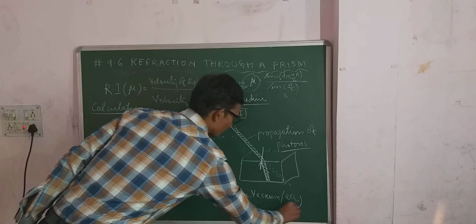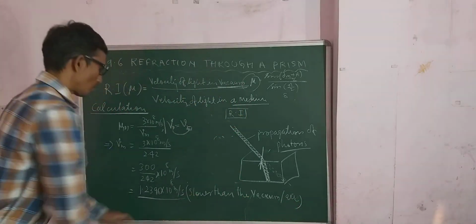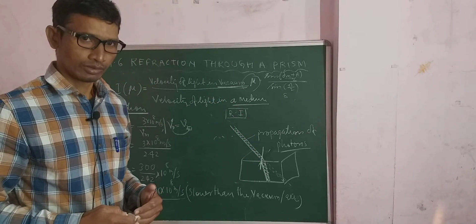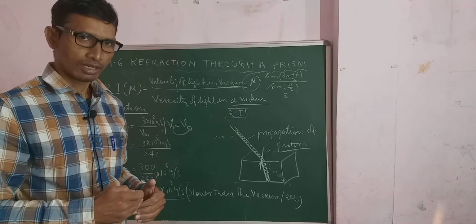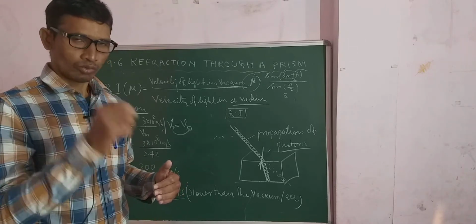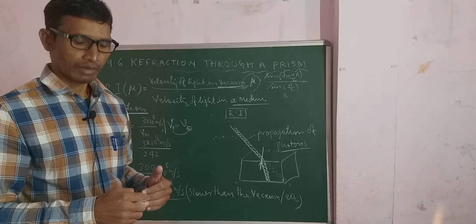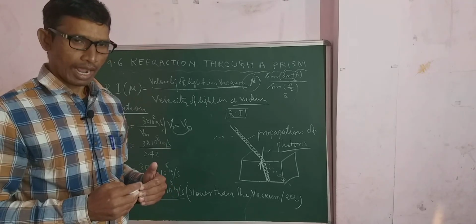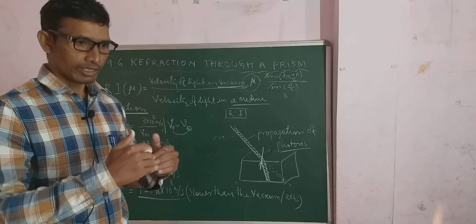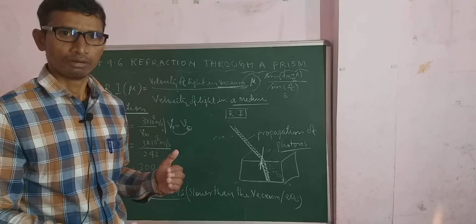Slower than the vacuum or air. This is slower because it bends toward the normal. When the light travels through a denser medium from a rarer medium, it bends toward the normal, and when the light travels from the denser to the rarer medium, it goes away from the normal.